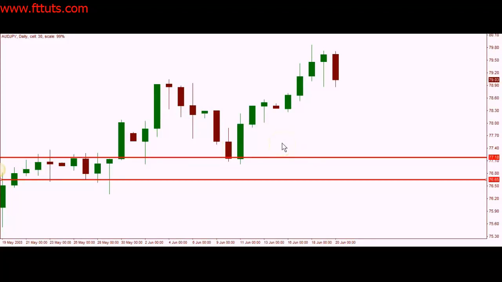All right, so with that said, we're going to see the market continue to the upside. We're going to look for the next pullback level. All right, so let's see what the market's going to do here.